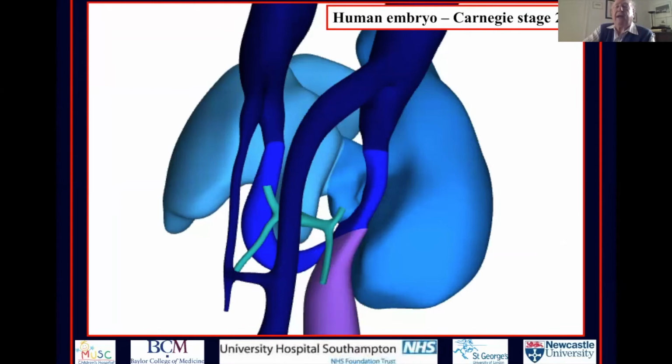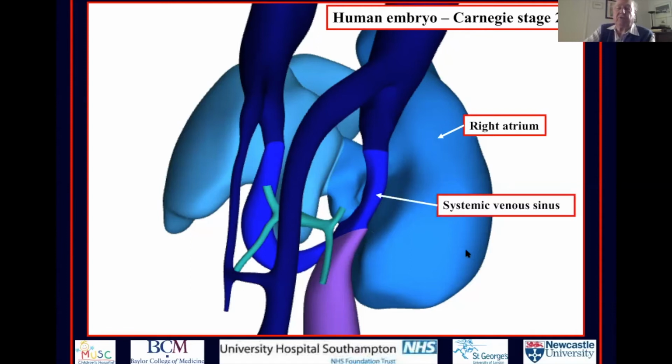So if we now go on quite a bit, we're looking now at the stage where atrial septation is complete, because now we can see how everything is coming to the developing right atrium. We're looking at the situation again from behind. So that is the back of the right atrium. And here you will see the development of what will become the terminal crest and the terminal groove.